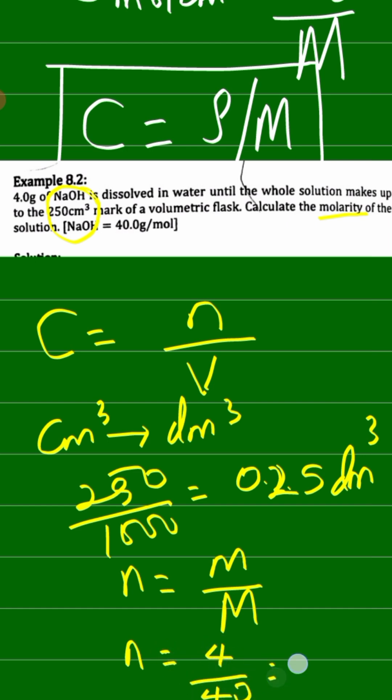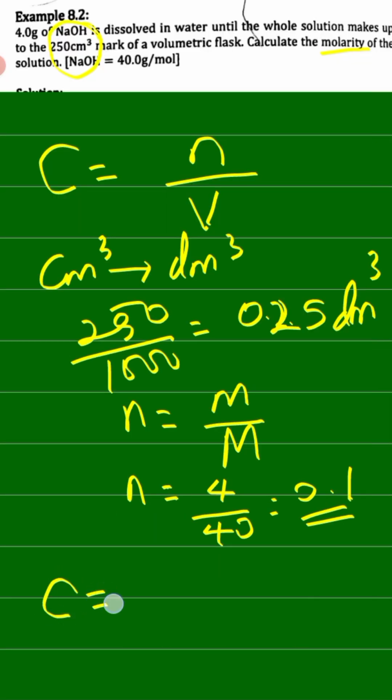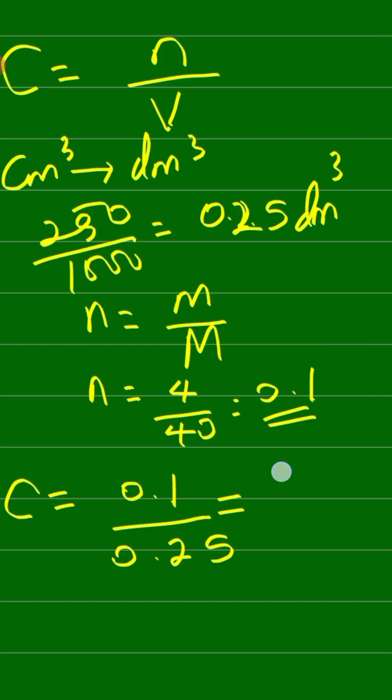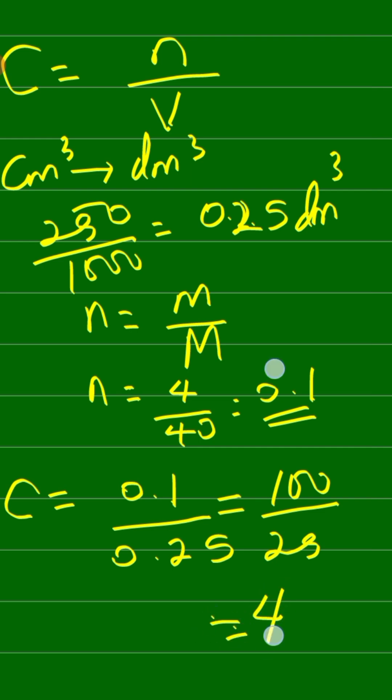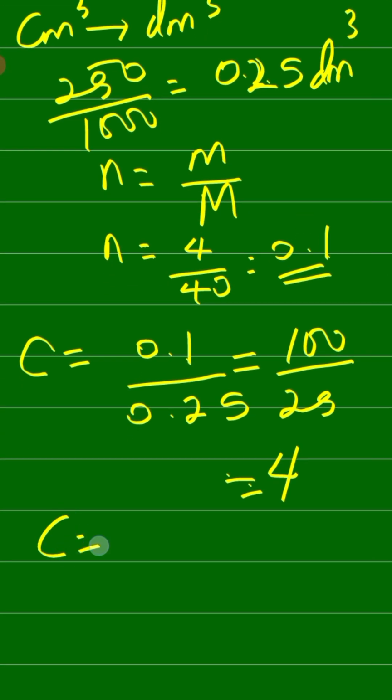That will give you 0.1. So C will be equal to 0.1 divided by 0.25. 100 divided by 25 is 4. So the concentration is 4 mole per dm cube.